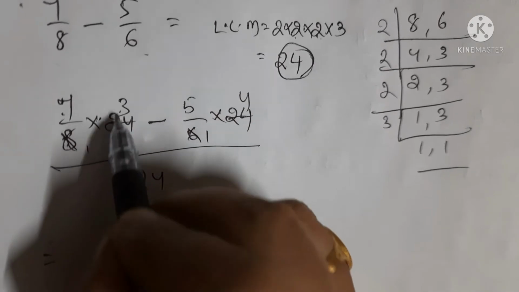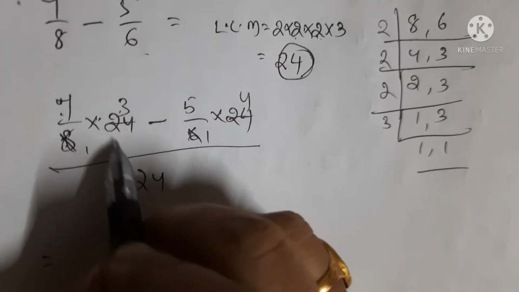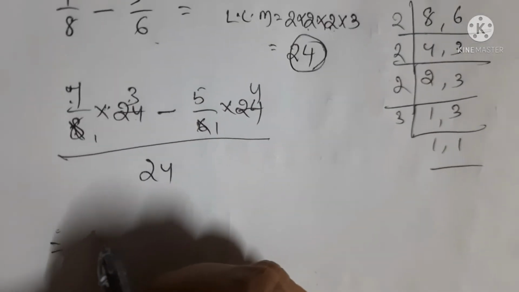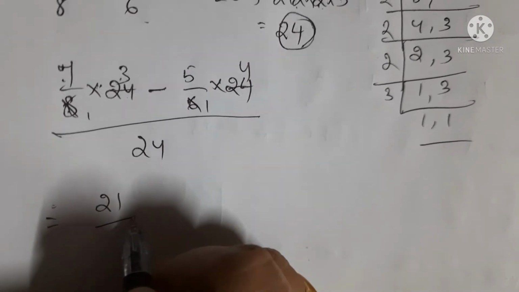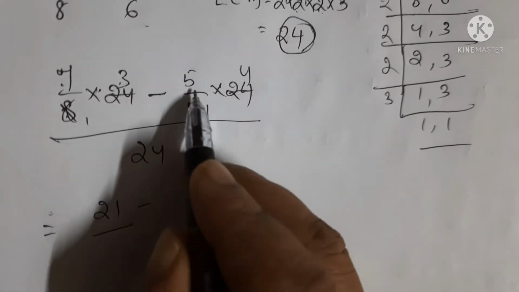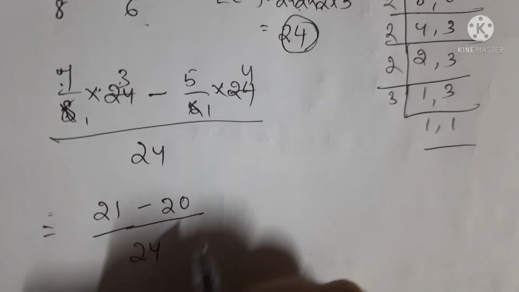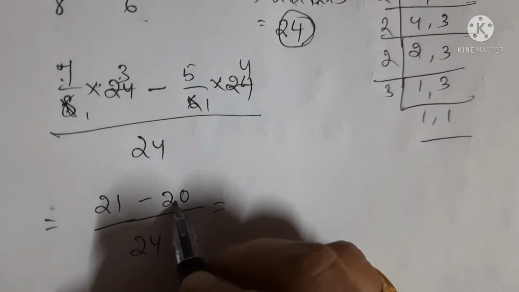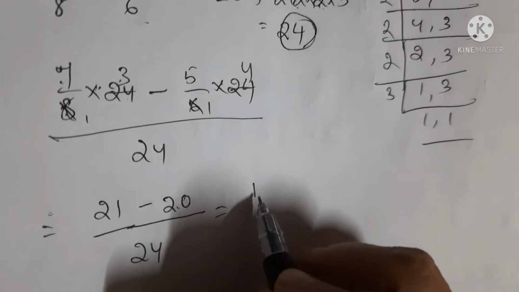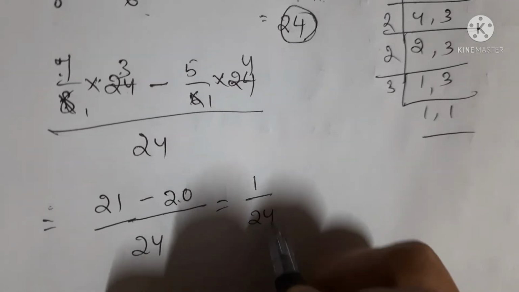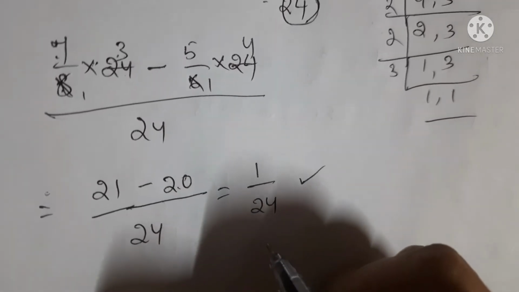Now 7 3s, what is the remaining balance? You need to multiply and write here. 7 3s are 21 minus 5 4s are 20 by 24, equal to 21 minus 20, how much? 1/24 is the answer.